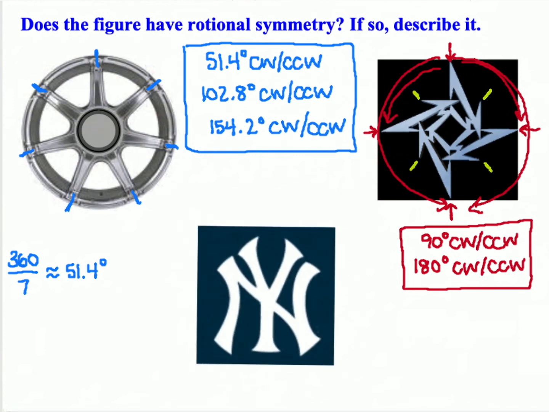So 360 degrees doesn't actually count as a rotational symmetry because anything has 360 degree rotational symmetry. So in this case, we would say, does the figure have rotational symmetry? That would be a no. Now had that Y been maybe an X instead, an X looks the same upside down, right? So if it was NX, then I could have said that it had a 180 degree symmetry.